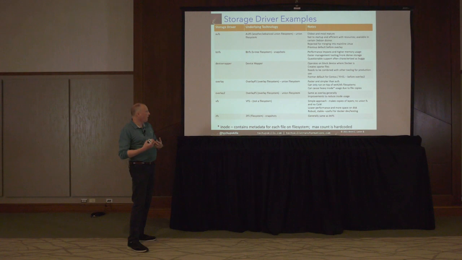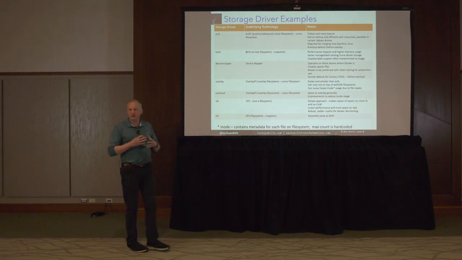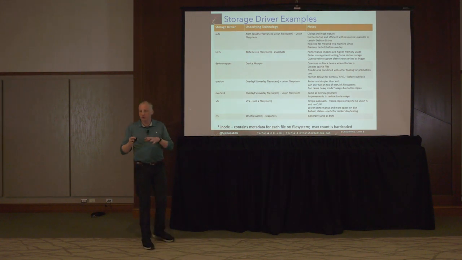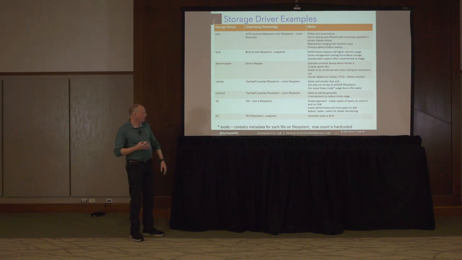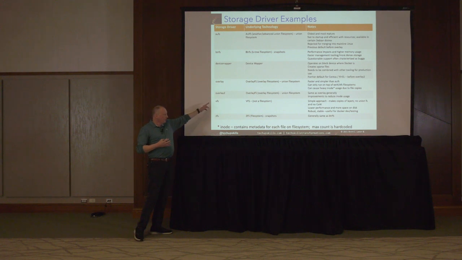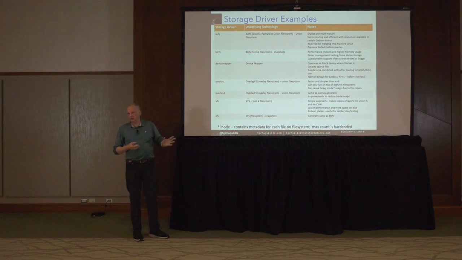Some had many fewer pluses than minuses, but what they've settled on now is overlay2, the overlay file system, and we'll talk more about that. Again, you'll have a copy of the slides if you want to explore these more, but I won't bore you with all that now.